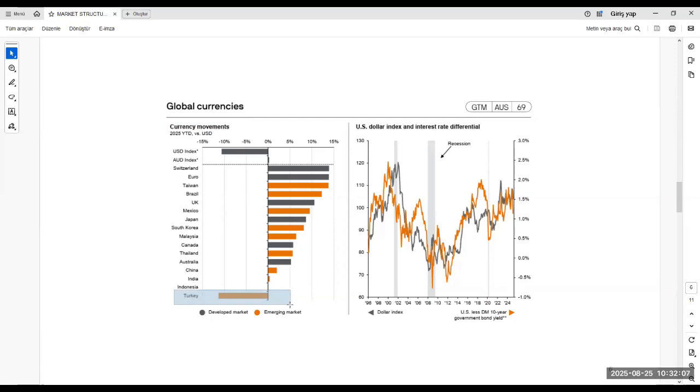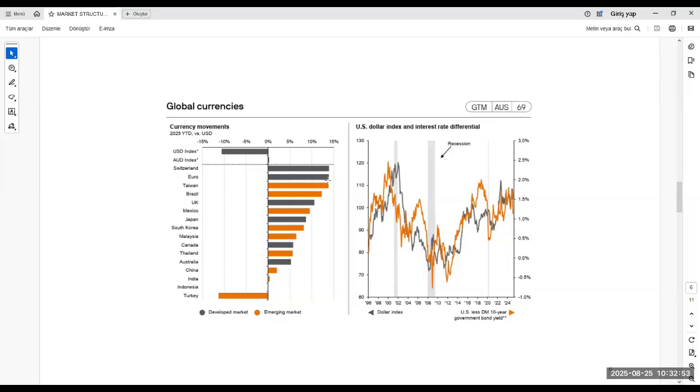Turkey, this is my country, is the only depreciating currency because of the higher inflation in the economy. And almost all emerging market economies, India, China, Thailand, Malaysia, South Korea, have approximately 5% appreciation against the United States dollar. But Switzerland or the Euro area have appreciated approximately 12%. Why? Because the United States is saying that we will decrease the interest rate and we will need a less strong dollar all around the world.